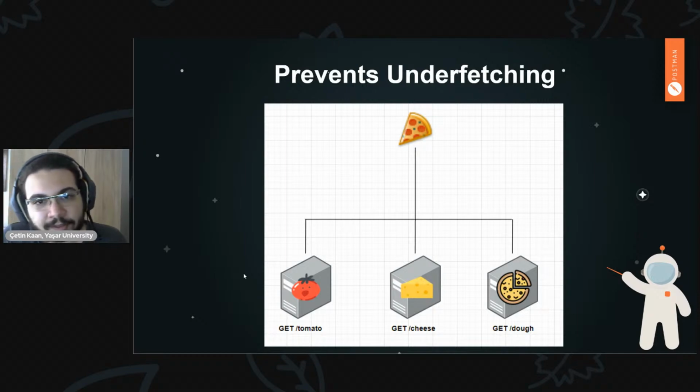In this example, we want to build a pizza. We have three endpoints: tomato, cheese, and dough. But to build it, we cannot build it in one request using REST. We need to make 3 separate requests to build this pizza. But if we were using GraphQL, we could have just said get tomato, get cheese, and get dough with just one request.